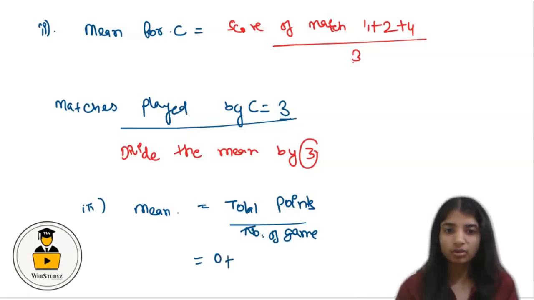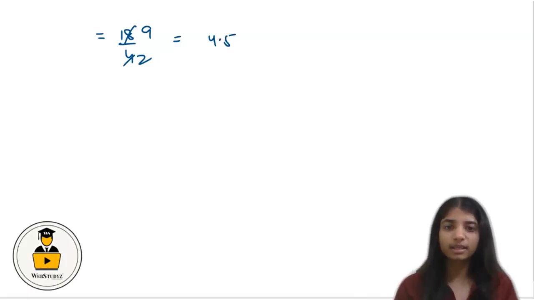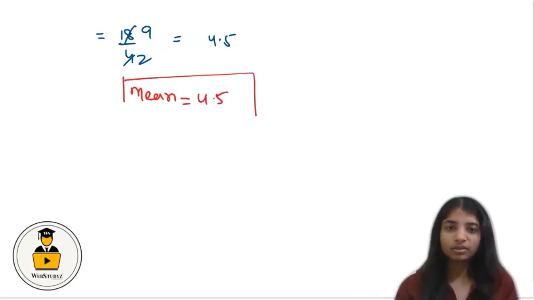In the first he scored 0, in the second he scored 8, in the third he scored 6, and in the fourth he scored 4. We divide by 4. 8 plus 6 is 14 and 14 plus 4 is 18. 18 divided by 4 is equal to 4.5. So B's mean is equal to 4.5. This is the answer to the third part.